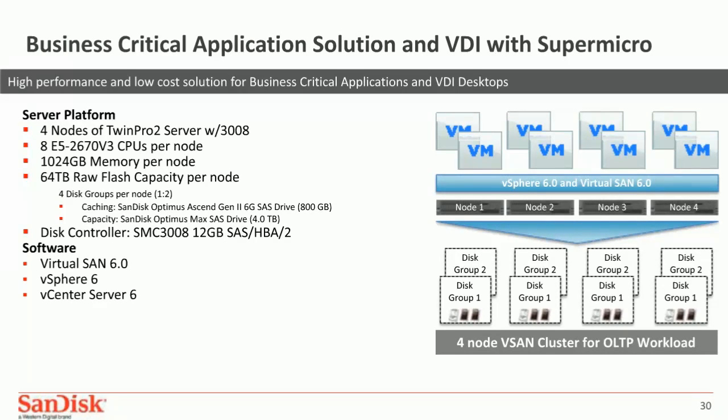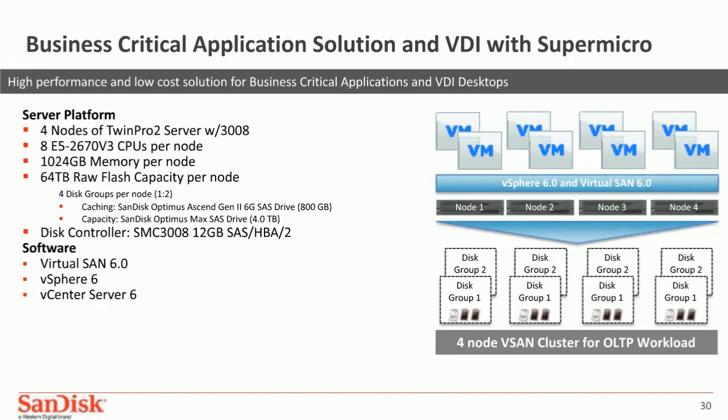I just want to mention that this benchmark was done before 6.2, so we did not have the opportunity to make use of the dedupe and compression available in 6.2. But in forthcoming reference architectures, we'll turn those features on and see their impact on performance, as well as the savings in the capacity we need to provide.